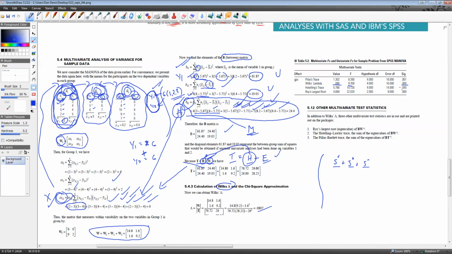So when we reject that, we have evidence that there are group differences on the linear combination of y1 and y2, or equivalently, mean vector differences between the groups. The vector is y1 and y2.